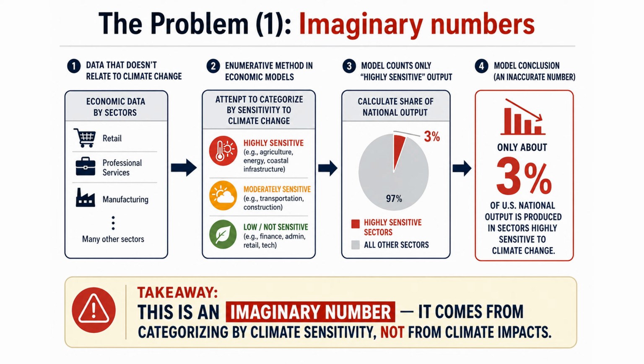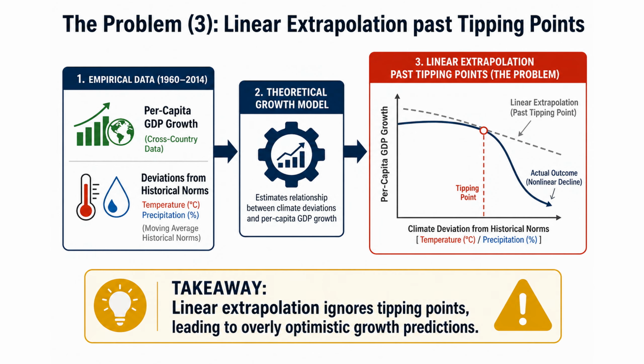Once that is clear, the next step is the problem 3, linear extrapolation past tipping points, because it develops the next piece of the same argument. We test the predictions of our theoretical growth model using, put more directly, cross-country data on per capita GDP growth and deviations of temperature and precipitation from their moving average historical norms over the past 55 years, 1960 to 2014.